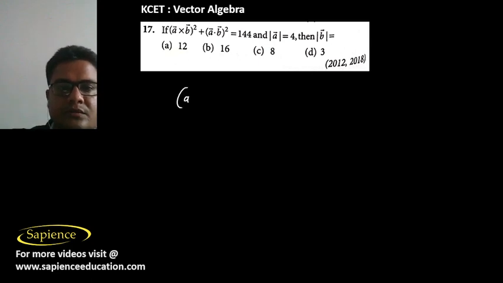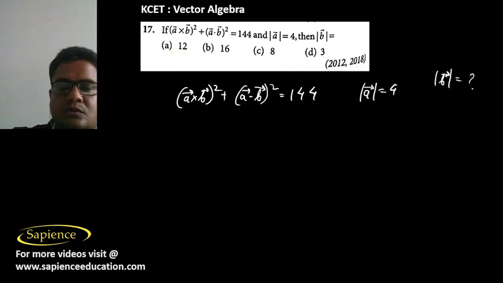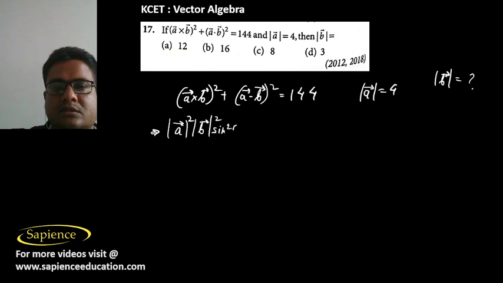Here it is told if A cross B whole square plus A dot B whole square is equal to 144 and magnitude of A is 4, then magnitude of B is how much? So this is magnitude of A square into magnitude of B square into sine square theta. But this is magnitude of A square into magnitude of B square into cos square theta.